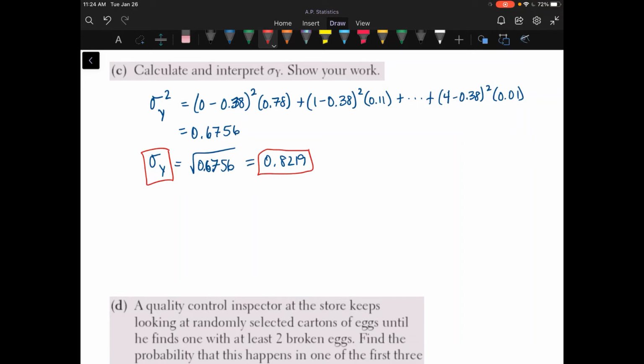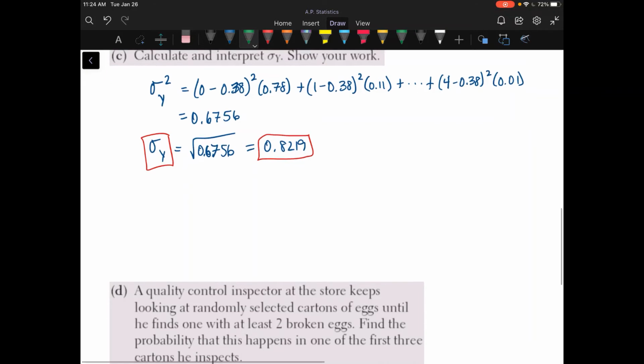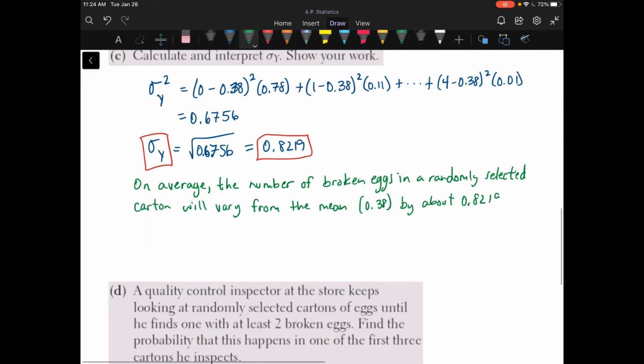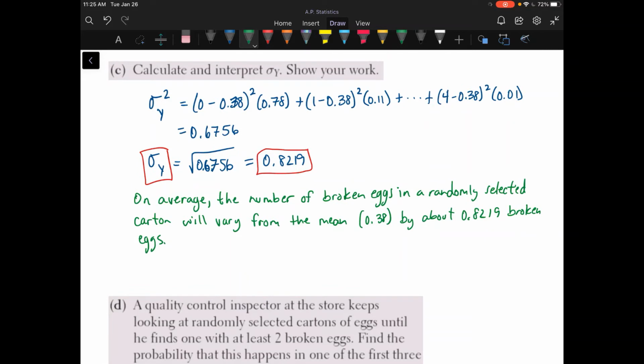So now the standard deviation is 0.8219, and we get this statement. So on average, the number of broken eggs in a randomly selected carton will vary from the mean, 0.38, by about 0.8219 broken eggs.